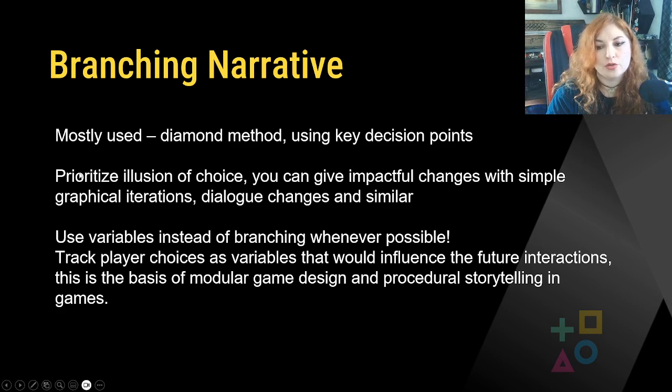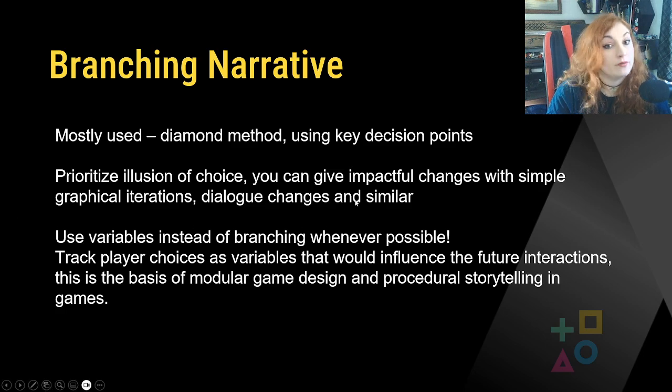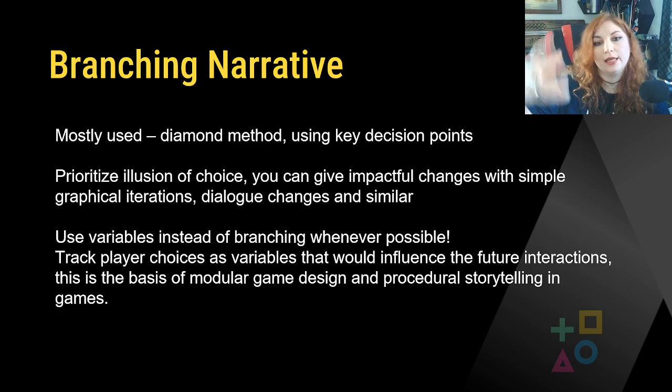And this is where we usually prioritize the illusion of choice. Everything the player chooses we can track, and therefore that stays in the narrative for dialogues, for whatever else comes, even items they might possess. We can do a lot even with the environment, which can change based on their actions. These are the cheap ways how we can keep it, but everything is actually hard coded from the start.